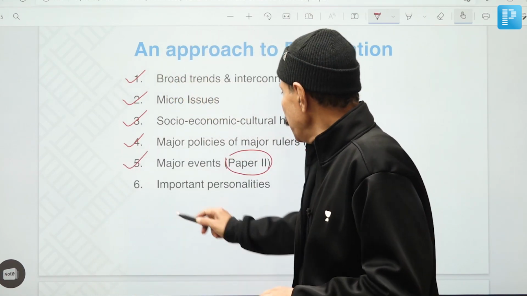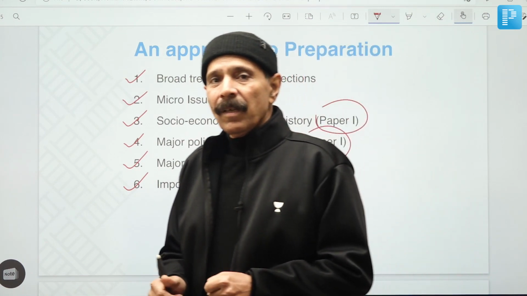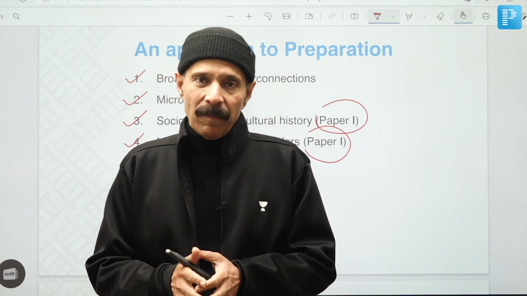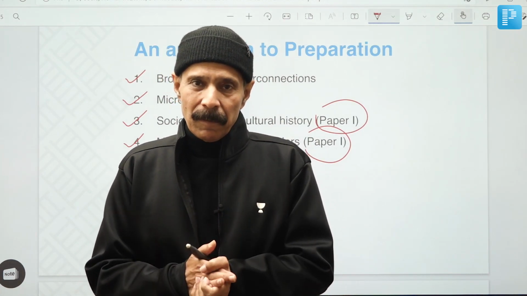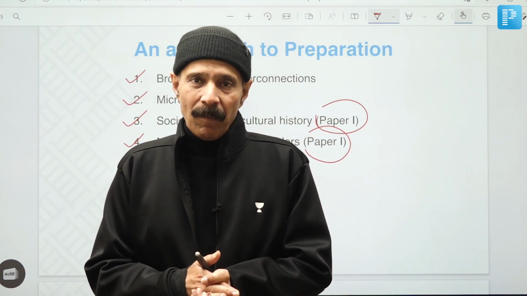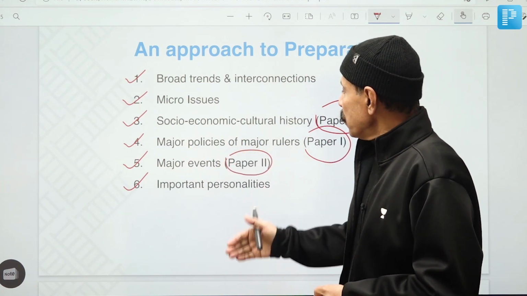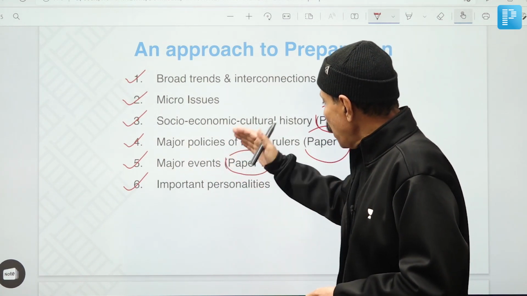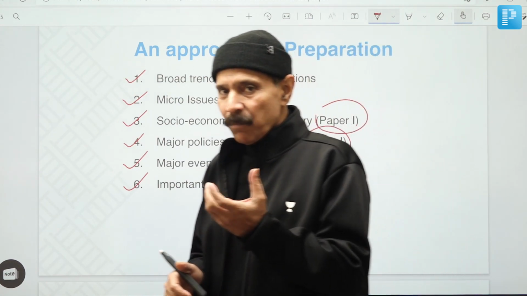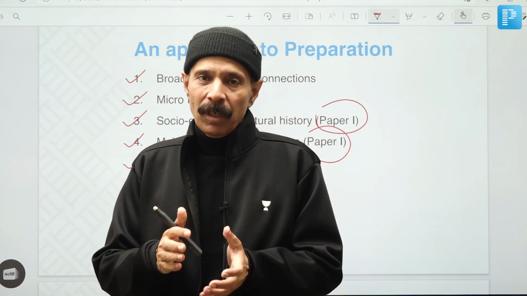Next is important personalities. In both the papers and in all their history, there are some important personalities. They may be rulers, but rulers I have covered already under 4. So you consider important personalities apart from the rulers related to paper 1. I give you an example. Suppose Indian national movement. Consider important personalities.